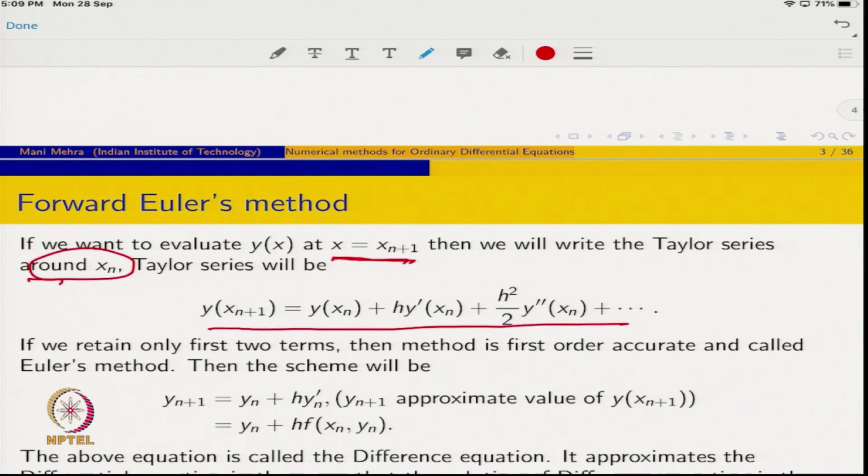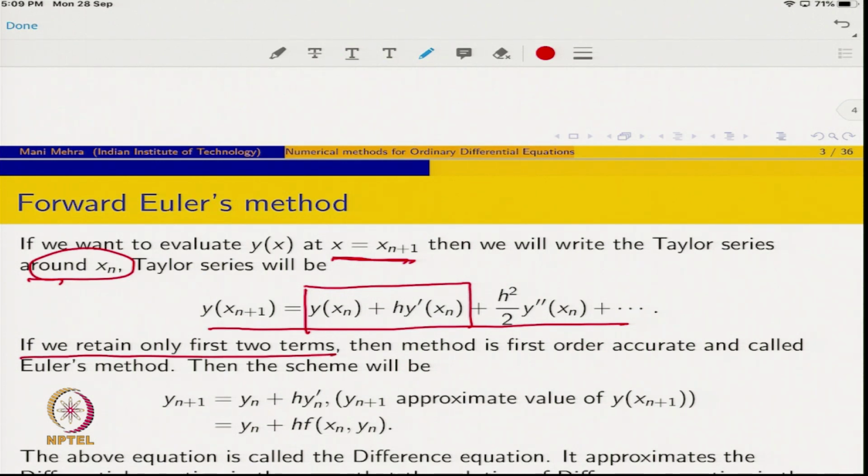Basically, in the previous version of the Taylor series, we have substituted x equal to xn plus 1 here. In the forward Euler method, we retain only the initial two terms. If we retain only the first two terms, then the method is called first order accurate.